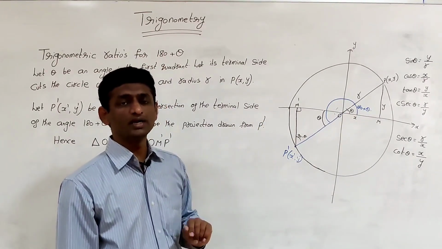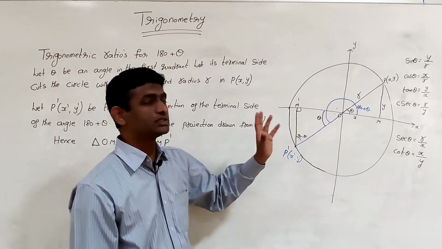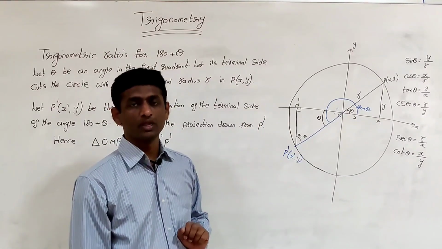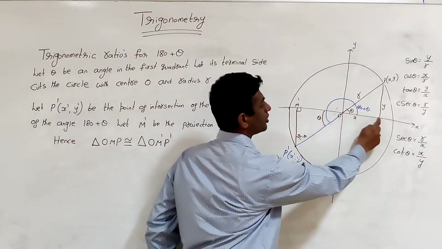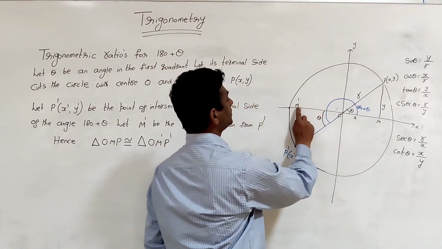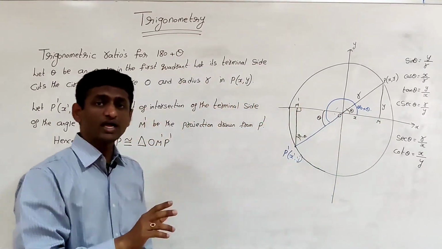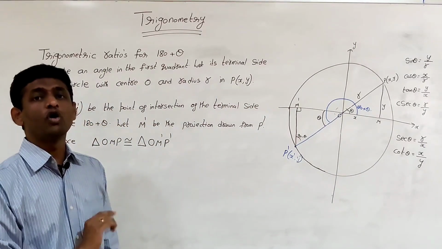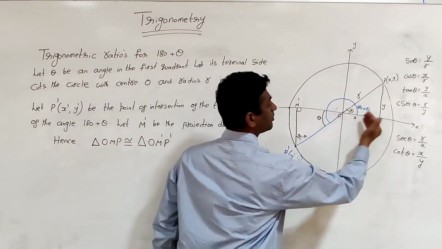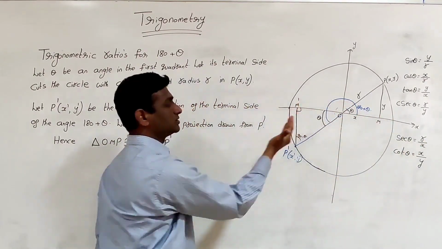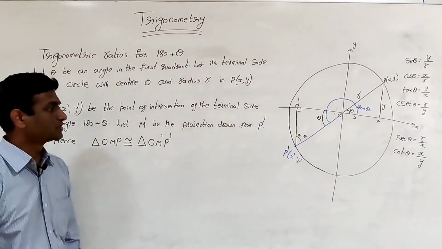If they are congruent, then the sides are equal. Now, what are the sides? The length of OM and the length of OM dash are both equal but on opposite sides. Why opposite? OM is on the positive x-axis and OM dash is on the negative x-axis.